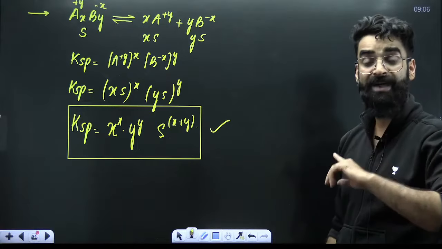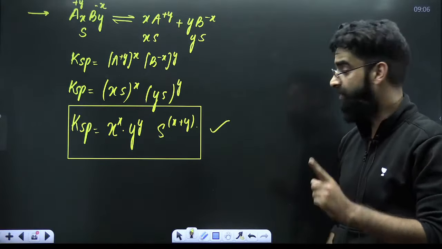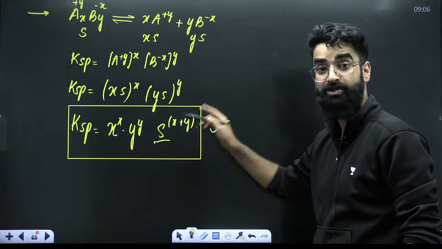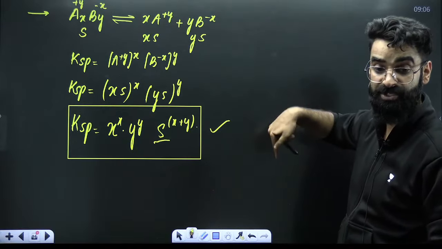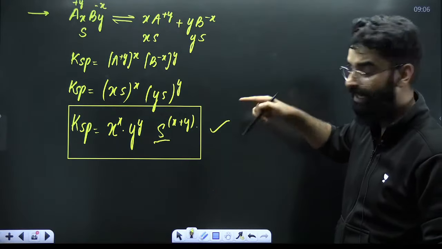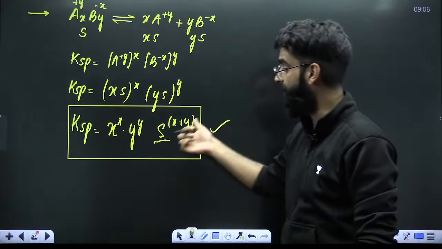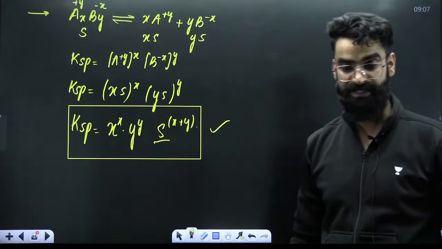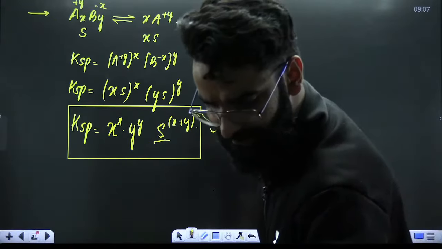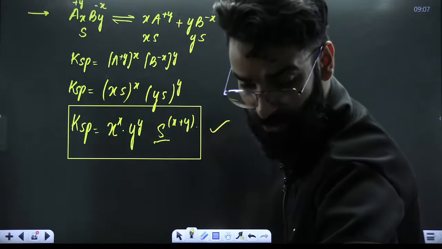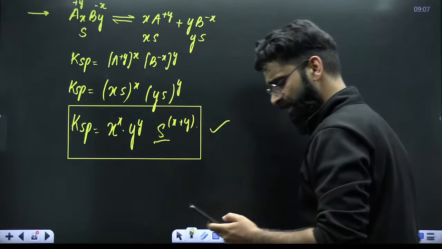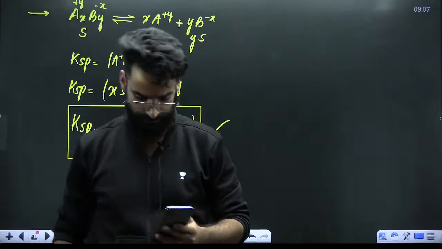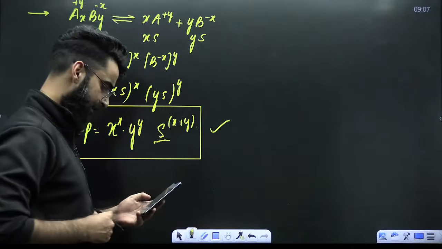So whenever you are supposed to calculate KSP, first you have to calculate the solubility from the expression I gave you, put it in this expression, and get the KSP of the sparingly soluble salt. For example, I'll be giving you certain questions. Let me see if you can solve those or not. One or two questions will do, and then we are done with the chapter.